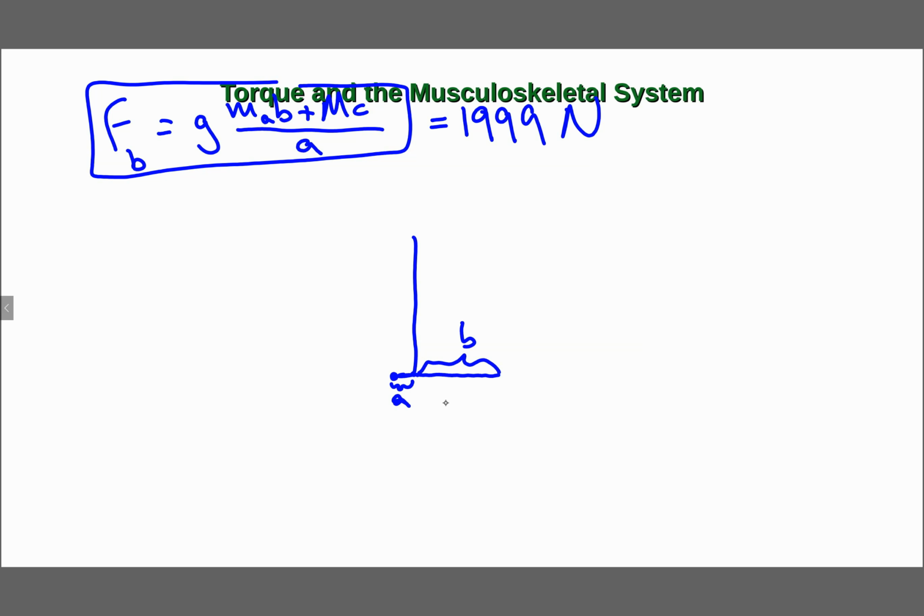And so you stand up by pressing the ball of your foot into the ground, okay? And your foot's a lot shorter than your forearm, right? So B is more like 18 centimeters, okay? And this A from the heel bone, the best I could find for that is also about 4 centimeters, okay?